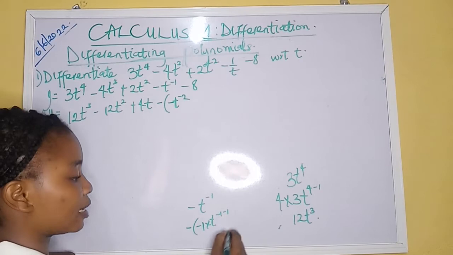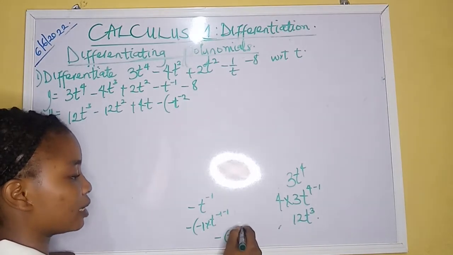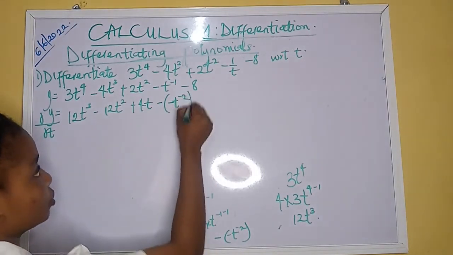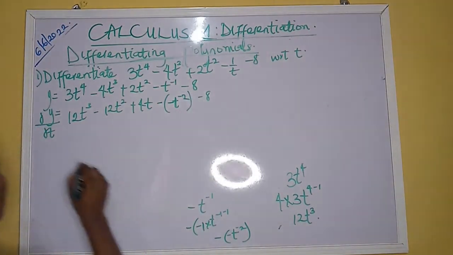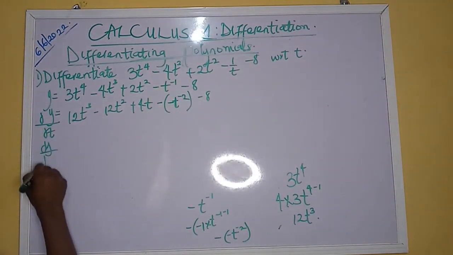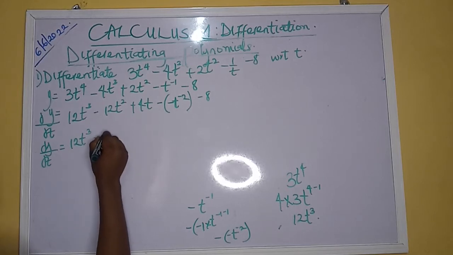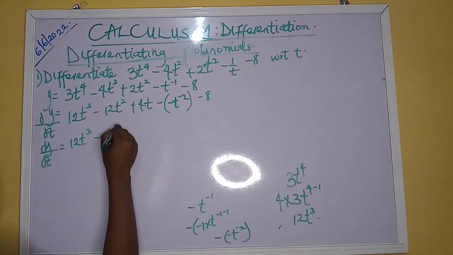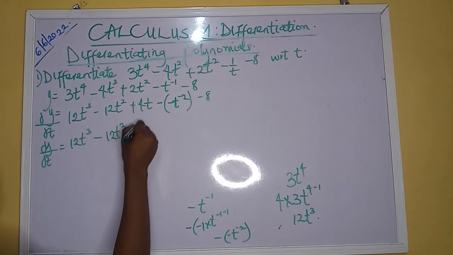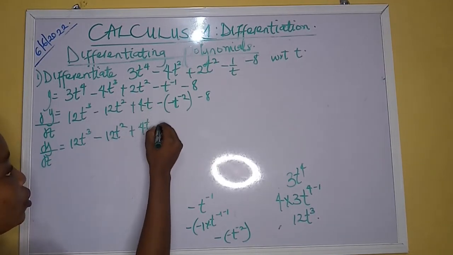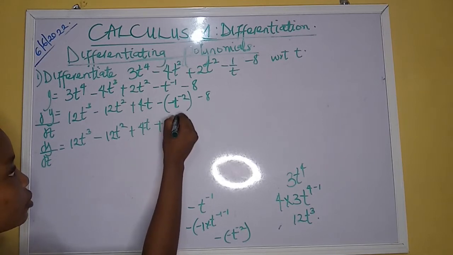So you have minus, in brackets, minus t raised to the power minus 2, minus 8. So your dy over dt consequently becomes 12t cubed minus 12t squared plus 4t. When you open this bracket with a minus, you have plus t raised to the power minus 2.